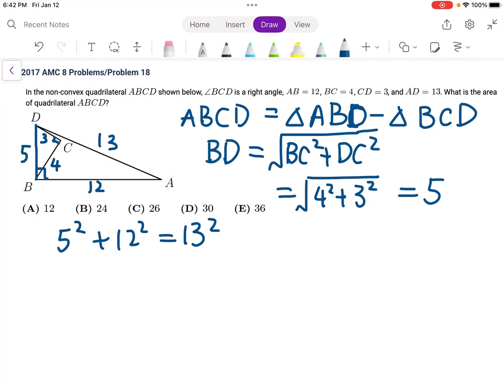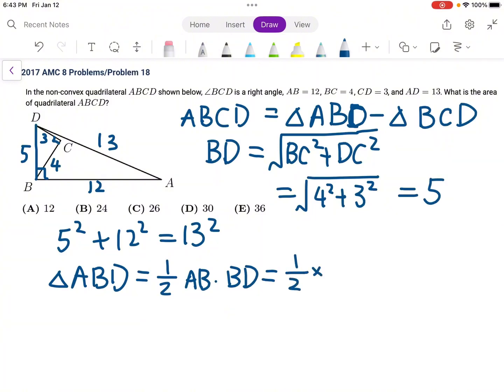Therefore, because ABD and BCD are both right triangles, we can calculate their area easily. Triangle ABD's area equals 1/2 AB multiply BD. That's 1/2 multiply 12 multiply 5 equals 30.